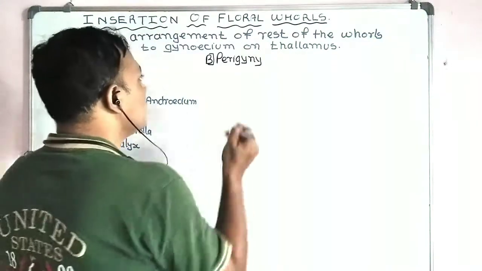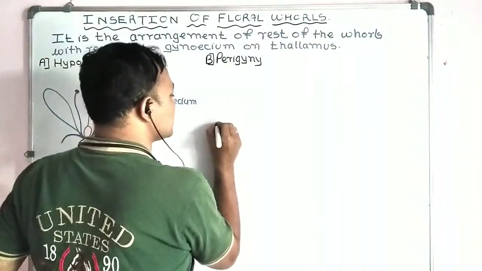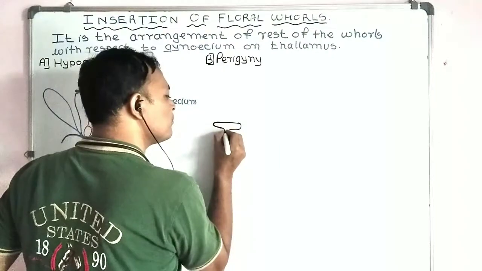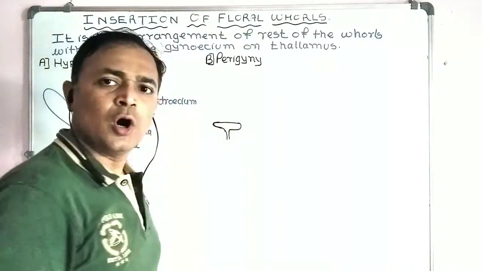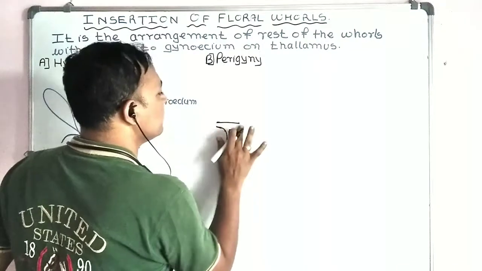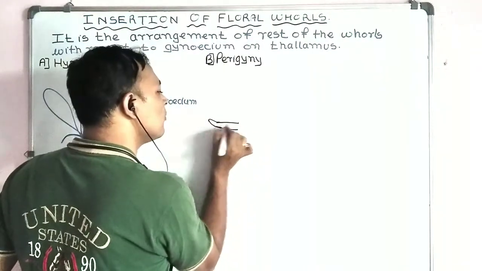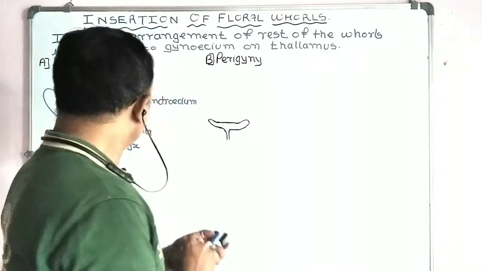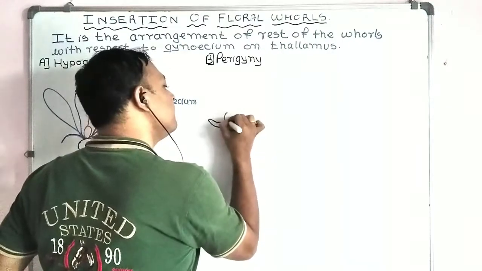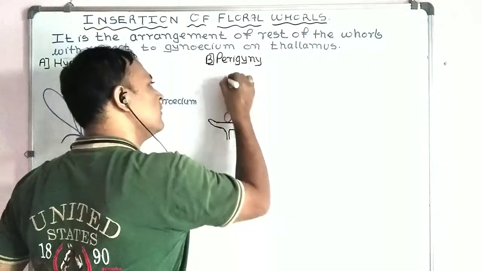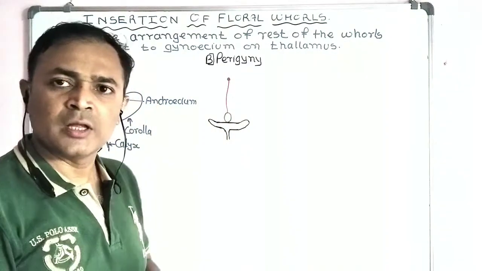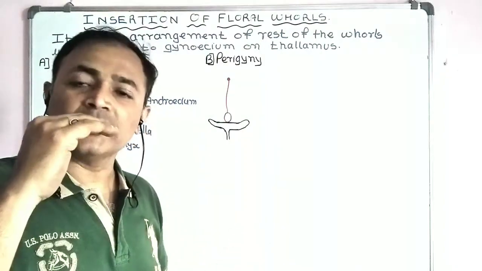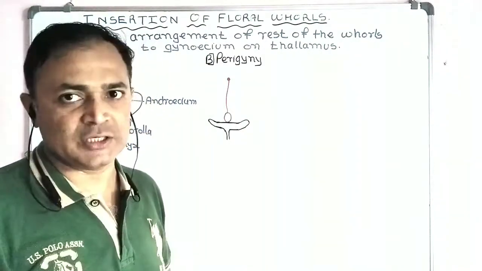In this case, thalamus is flat, like this, or it is slightly saucer shaped. And this is the ovary, gynoecium. All other whorls are arranged at the periphery or they are at the same position of the gynoecium.